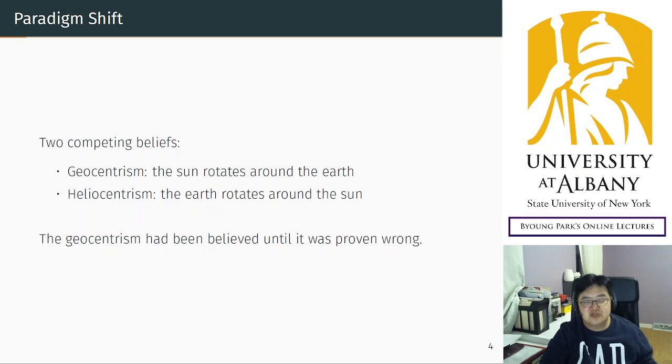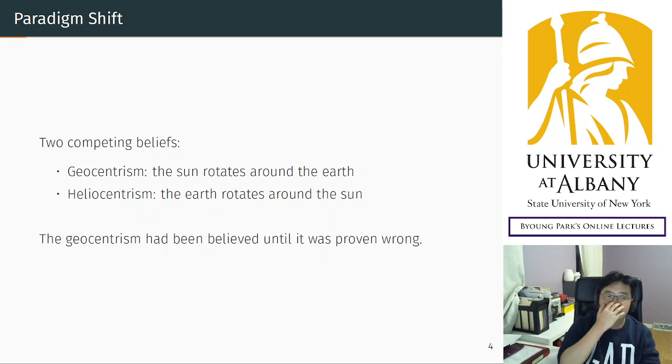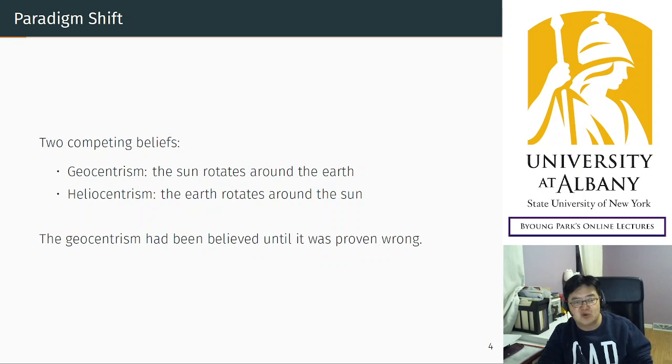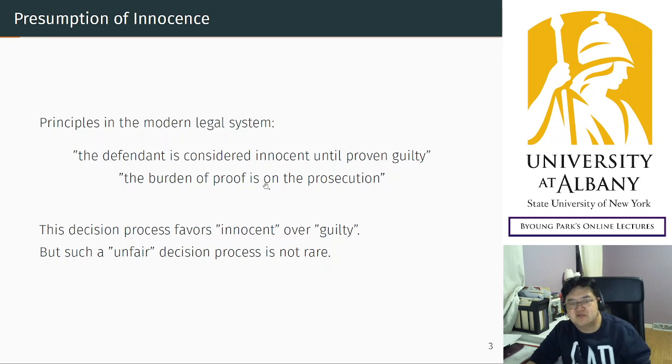So geocentrism was the prevalent belief in the old days. However, now everyone knows the Earth rotates around the sun because there are too many scientific evidences and observations that contradict geocentrism, right? So geocentrism was believed until it was proven wrong. It's also pretty similar to the decision making in this trial.